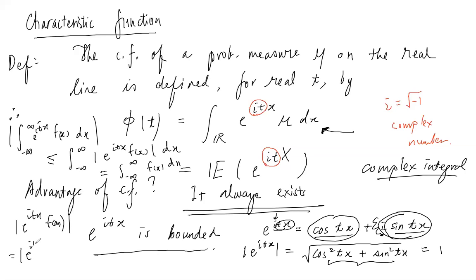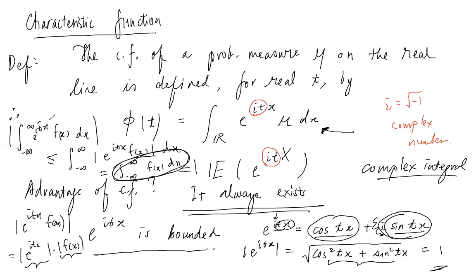You can split it up into two parts, right? The absolute value of e to the itx already gives you 1. The absolute value of f(x) is definitely f(x) because f(x) is always positive; your probability density function is a positive quantity. So then you basically have this, and this is equal to 1, because you're integrating over all the support of f(x). So it's bounded by 1.